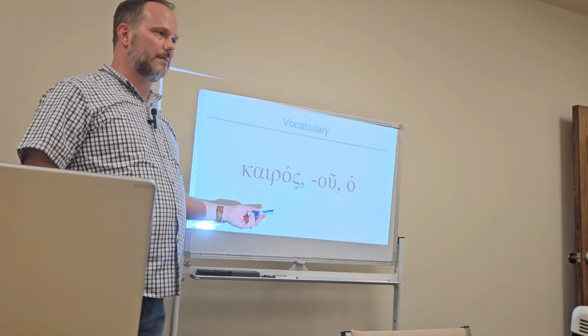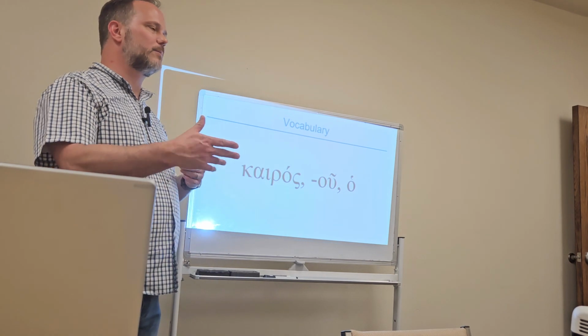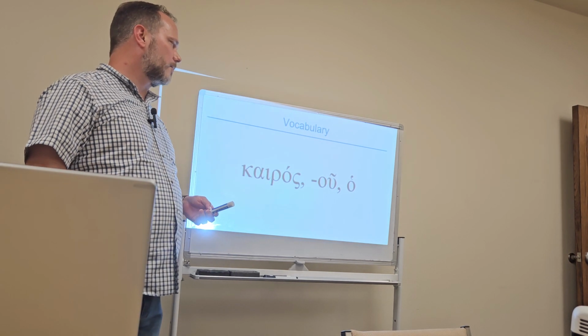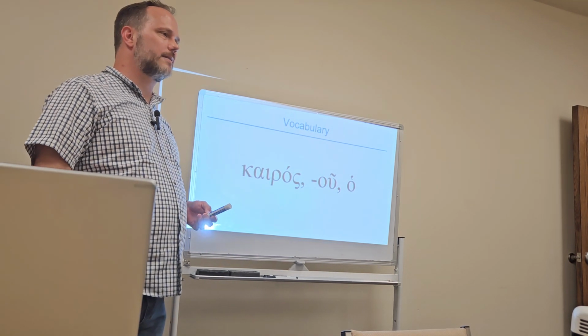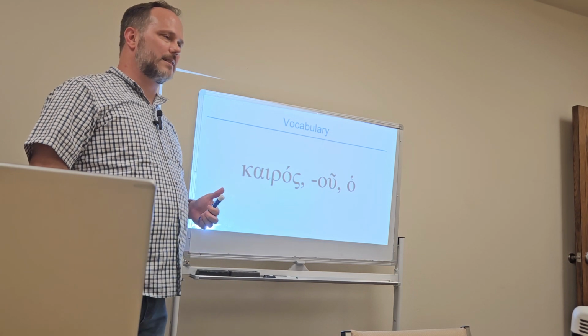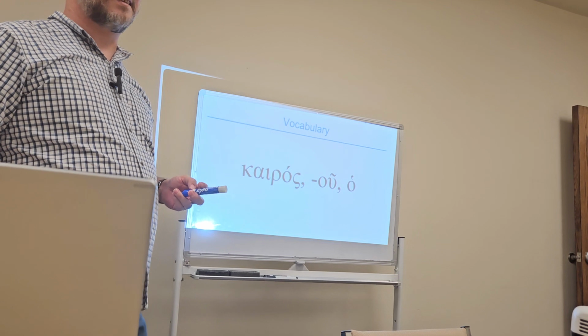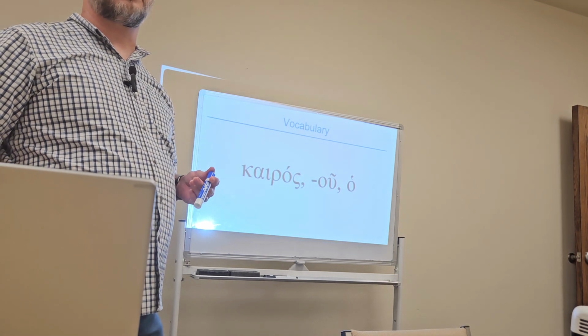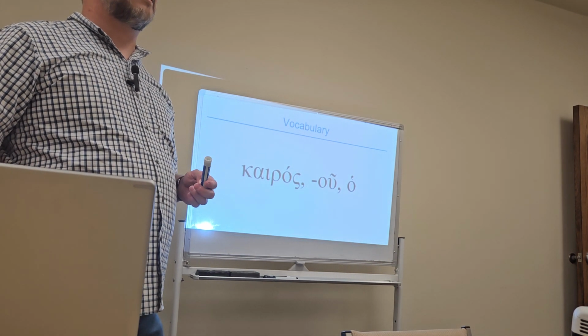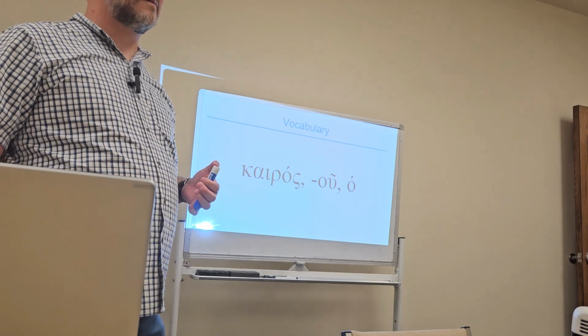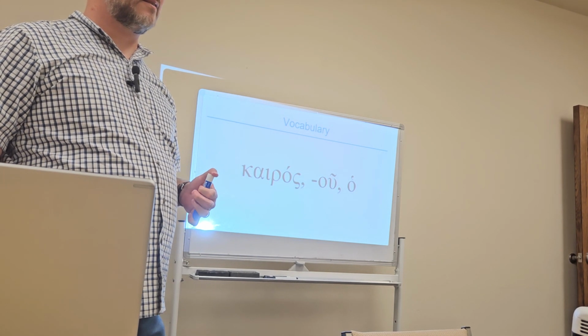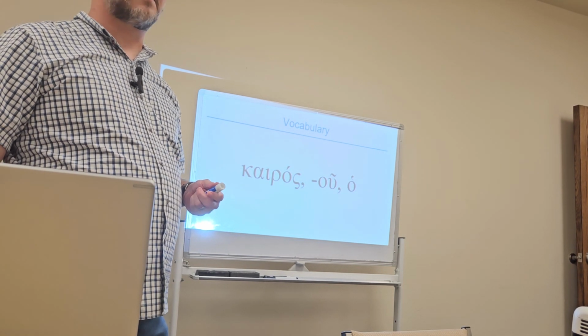Kairos. Remember, the accent is on the second syllable if you want to pronounce it properly. Kairos. Any guess as to what this means? Time. Yeah, exactly. A specific time, or an appointed time. At what time is my appointment? What time does class start, rather than just time in general.